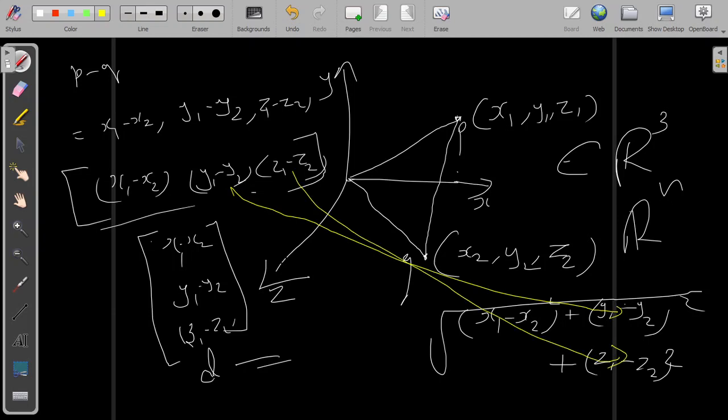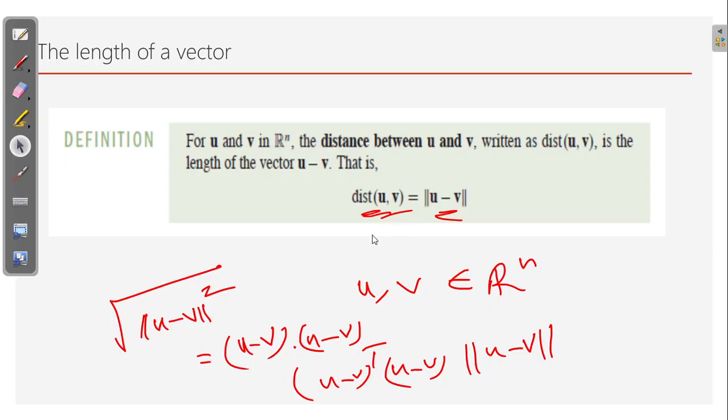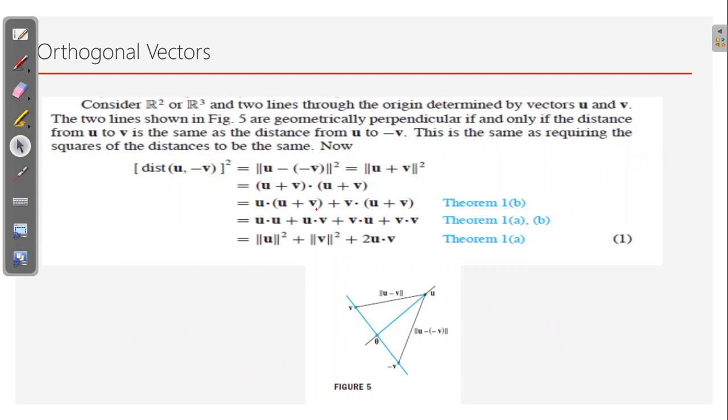This is norm of u minus v squared, and taking its square root gives the distance d. That is proved for R3 vectors, and the definition says this can be extended to Rn vectors u and v. So that is our definition.